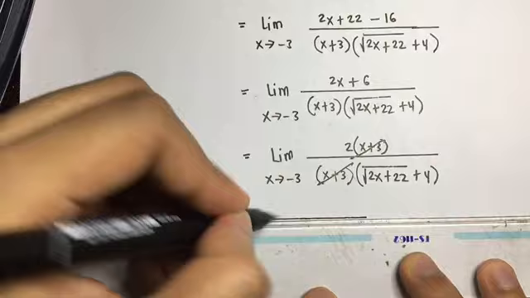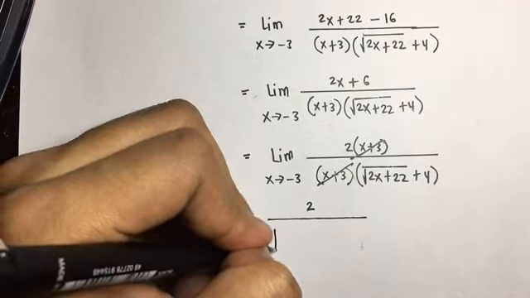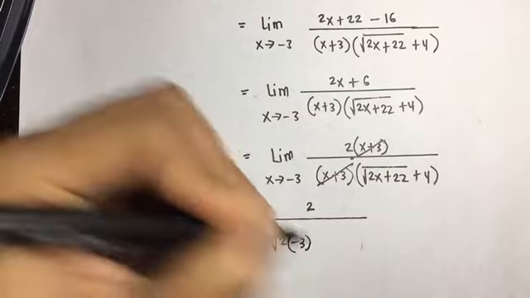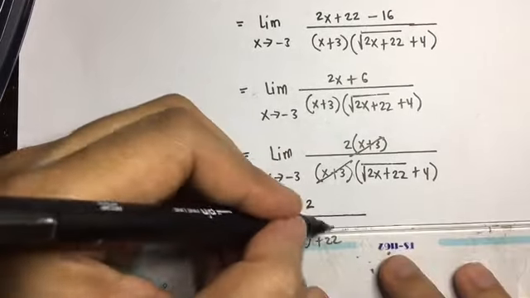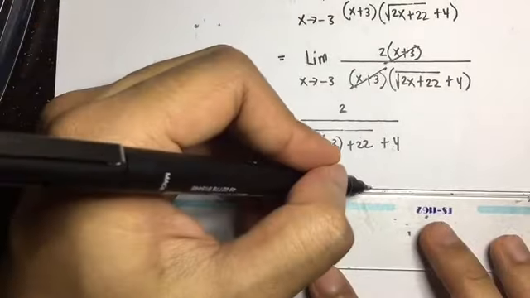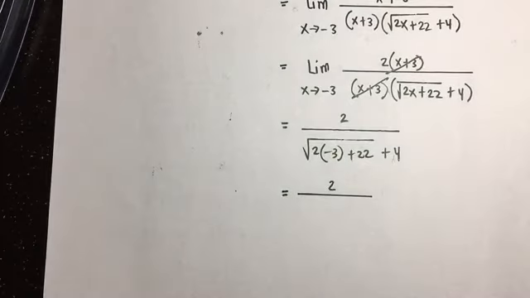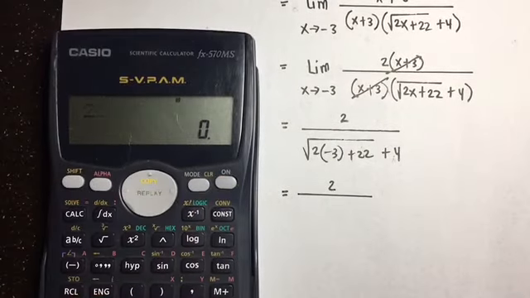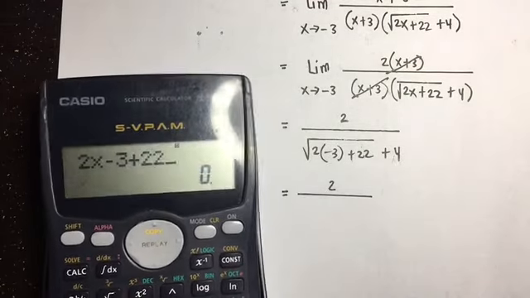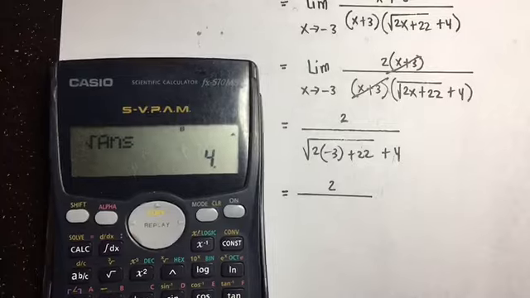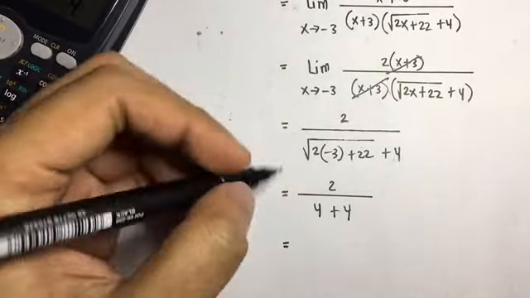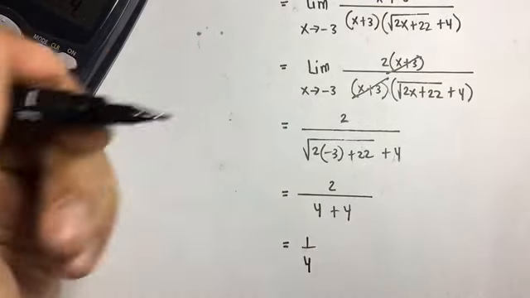It becomes 2 over square root of 2 times negative 3 plus 22, plus 4. 2 times negative 3 plus 22 is 16. The square root of 16 is 4, so 4 plus 4 is 8, and 2 over 8 is 1 over 4.